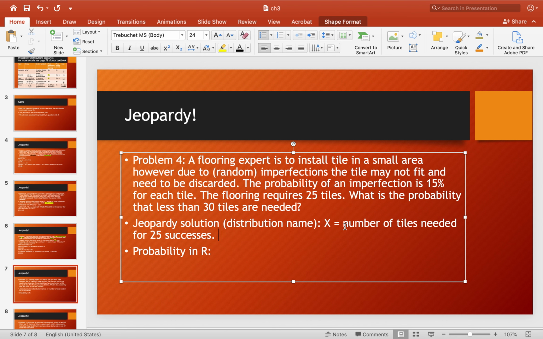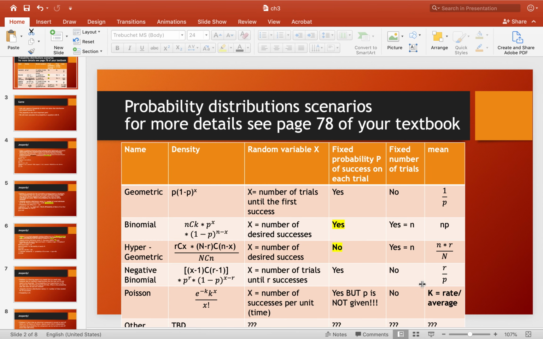Okay, so right away it sounds like the number of tiles needed could be more than 25, but it's not specified. You could be really unlucky here, and you could need a lot of tile. So here, it doesn't sound like there's a fixed number of trials.